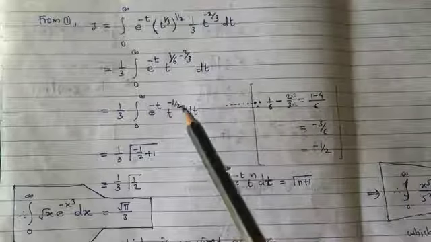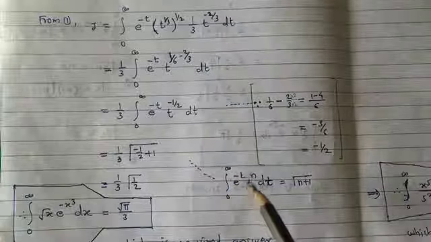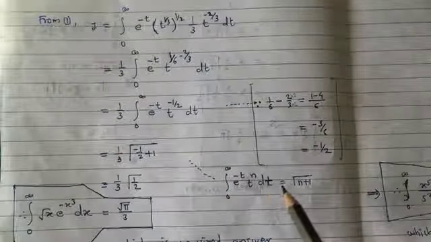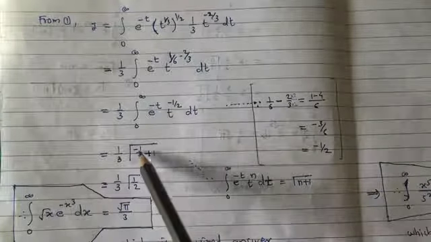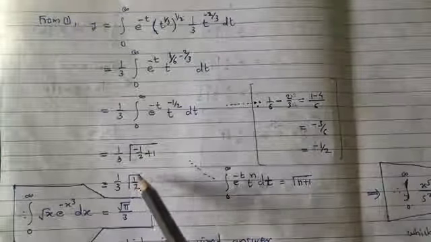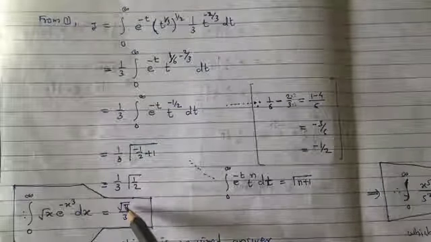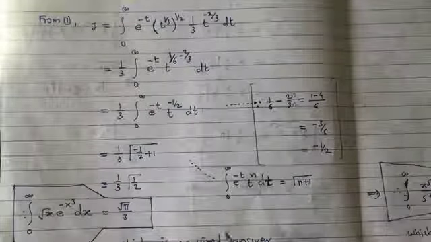Then compare the given integration with the integral from 0 to infinity of e raised to minus t, t raised to n into dt, which is nothing but gamma of n plus 1. Now simplification: gamma of minus 1 by 2 plus 1, that is gamma of half, and gamma of half is nothing but root pi. So the answer is root pi upon 3, with the 1 upon 3 as it is, which is the required answer.